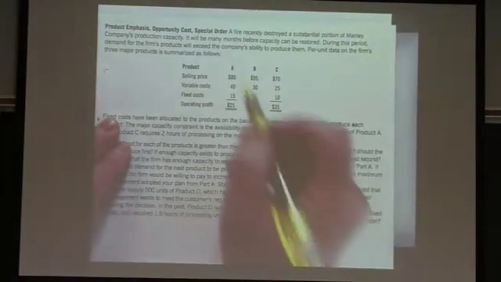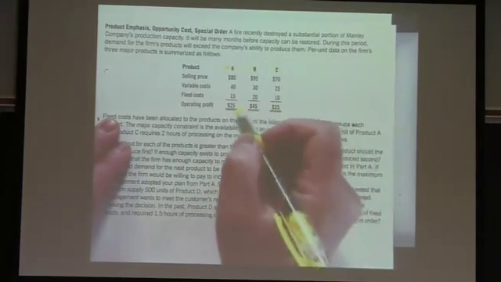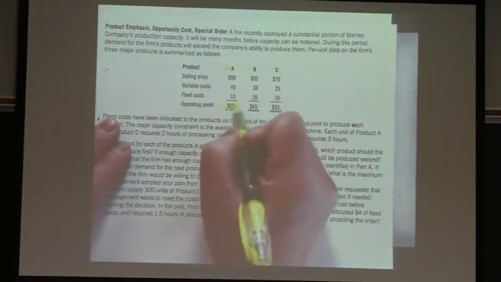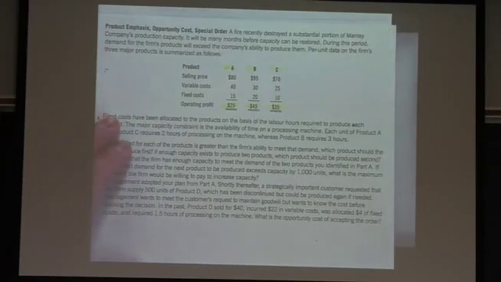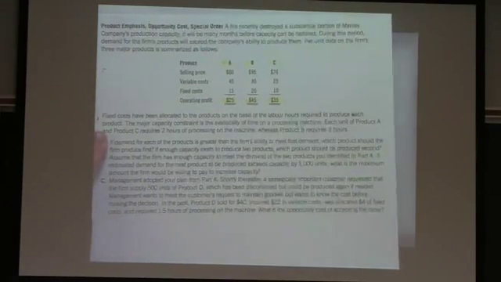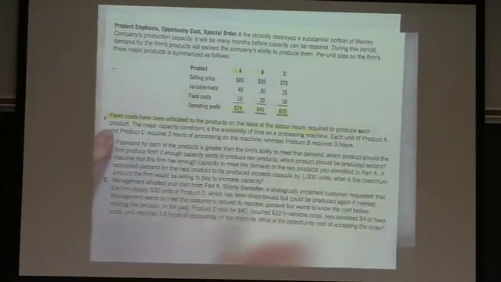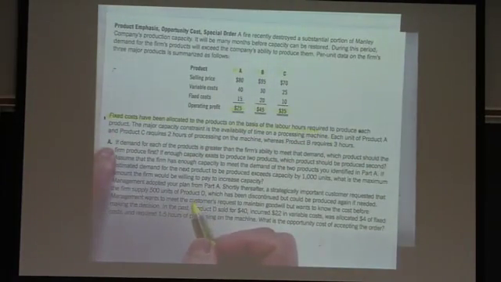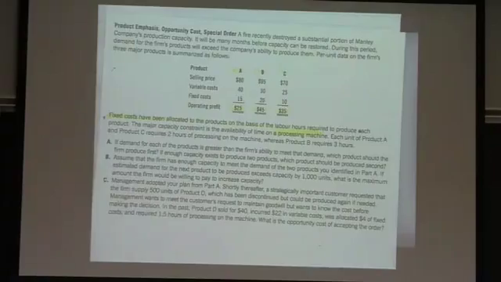They produce 3 products, A, B, and C, and the operating profit per product is 25, 45, and 35. Fixed cost has been allocated to the product based on direct labor hours required to produce them. The major capacity constraint is available in the processing machine. So this is your constraint.